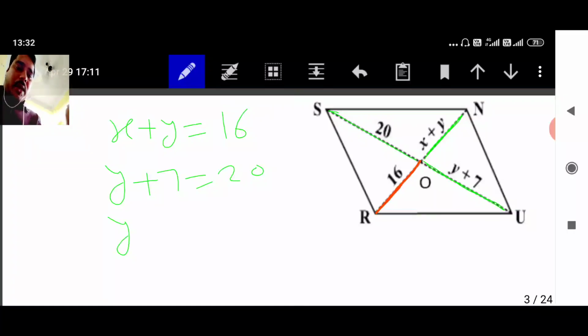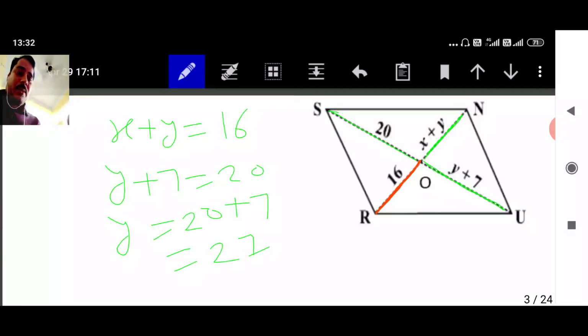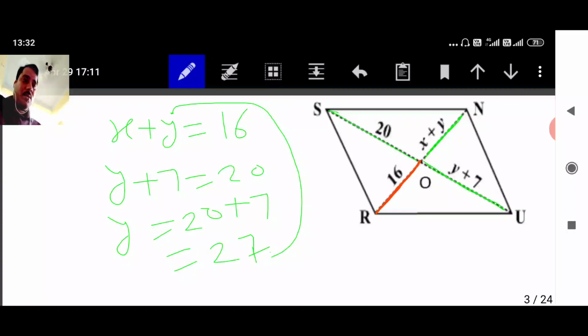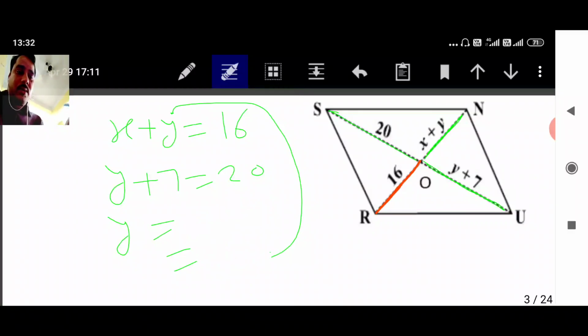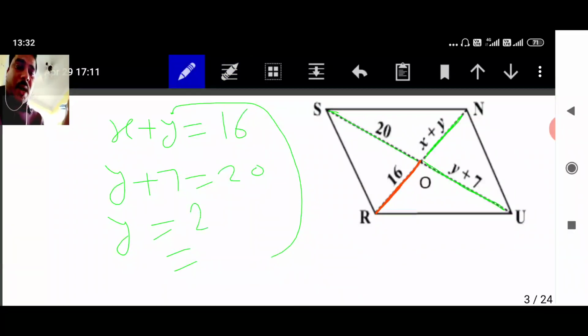So by second, y equal to 20 minus 7, you get 13.